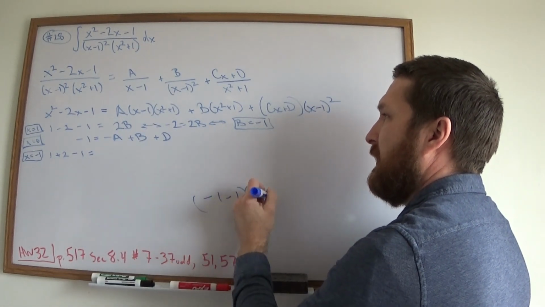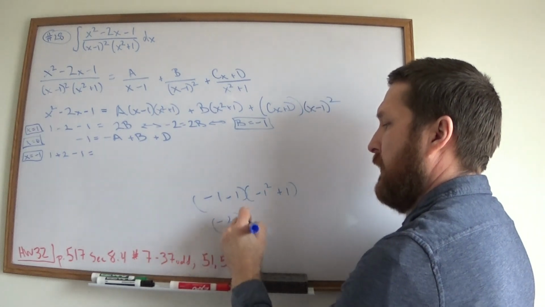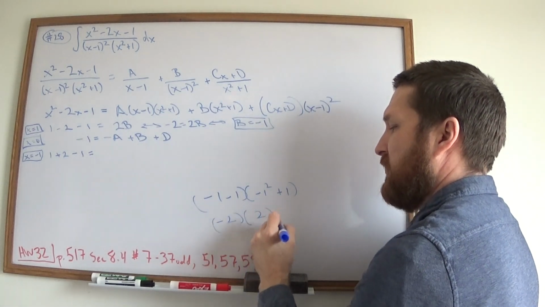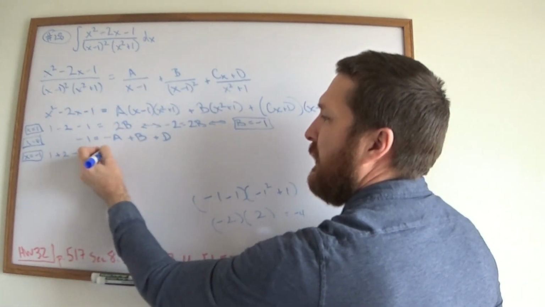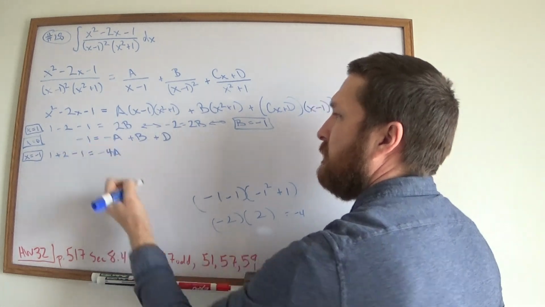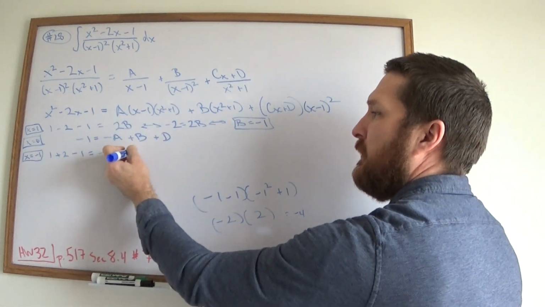And then we have -1 squared plus 1. That's -2. And that's 2. So that should be -4. Yeah, so -4a, 2b.